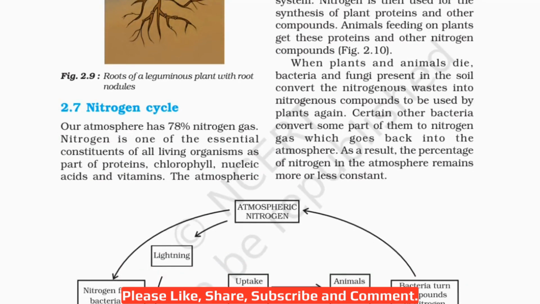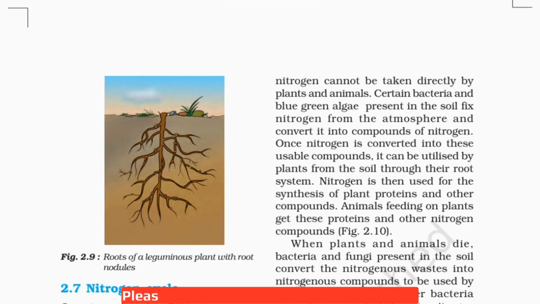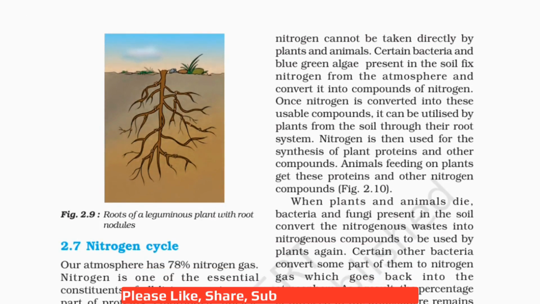In the nitrogen cycle. Okay. Now, our atmosphere has 78% nitrogen gas. Nitrogen is one of the essential constituents of all living organisms as part of proteins, chlorophyll, nucleic acids, and vitamins. The atmospheric nitrogen cannot be taken directly by plants and animals.